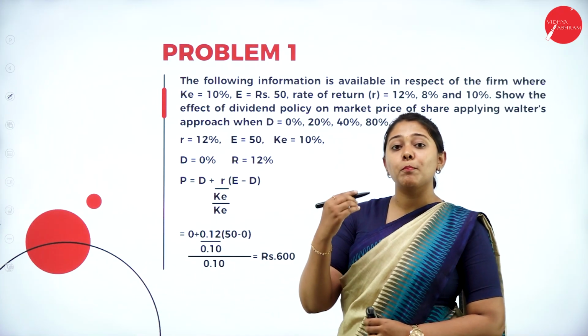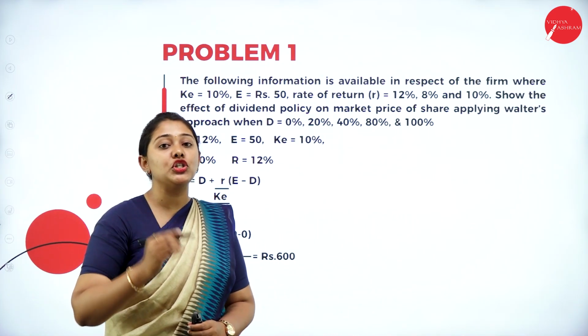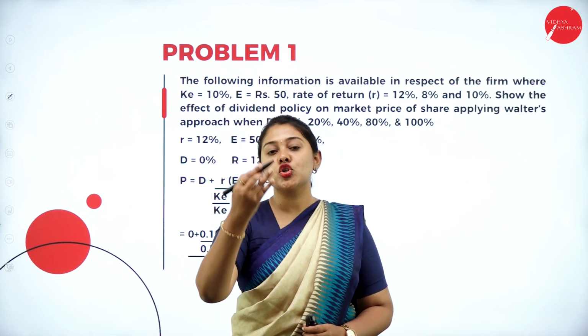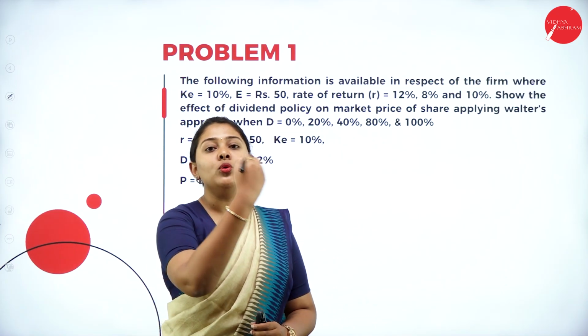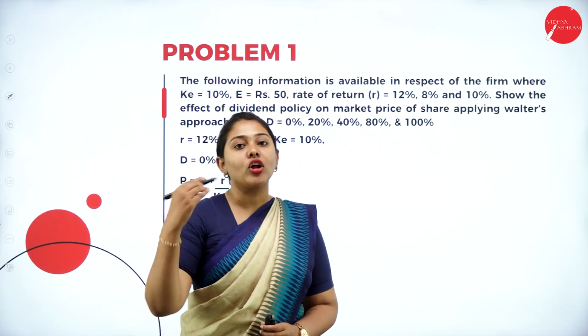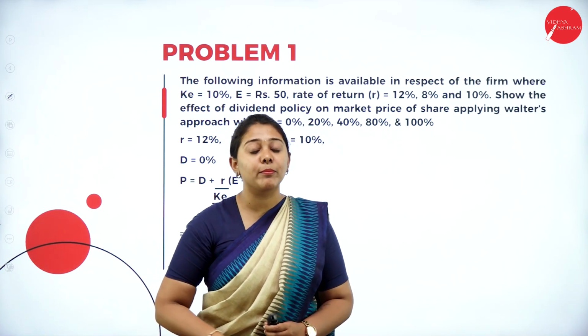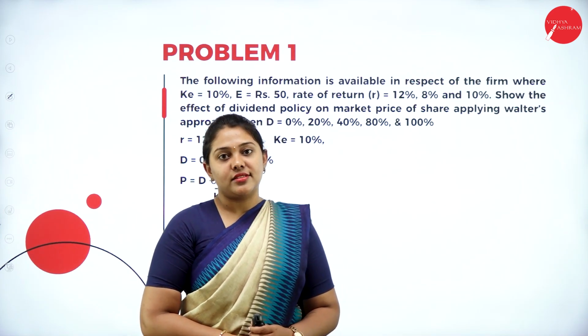Dividend decision is the major decision the financial manager or a company should take, because it is all about investment decision. Whatever return they get, they either distribute as a dividend or retain as retained earnings for the next upcoming investment. That is all about dividend decisions.